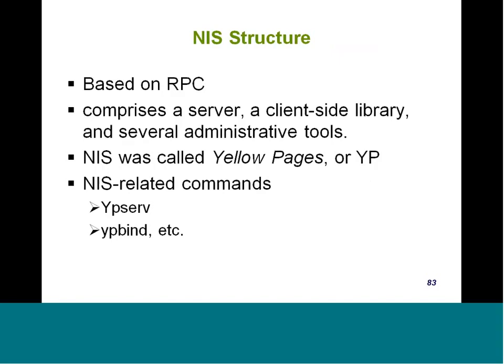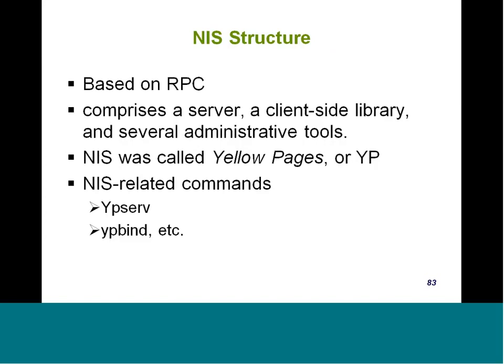The network information structure is based on remote procedure calls. This we saw already. It comprises a server, a client-side library, and several administrative tools. Originally, NIS was started by Sun as the Yellow Pages system.